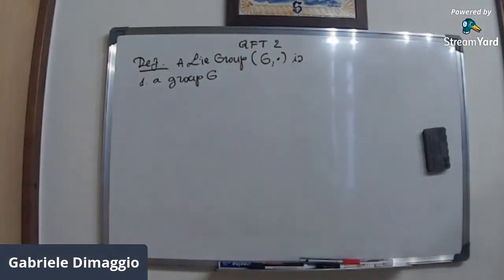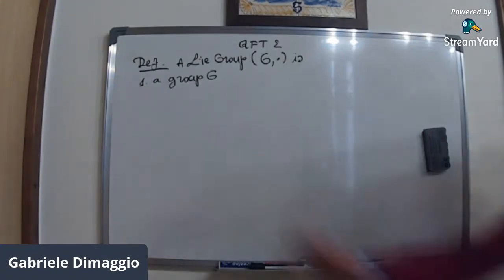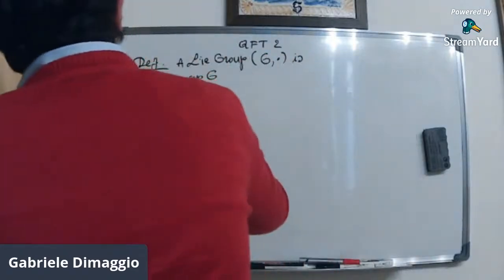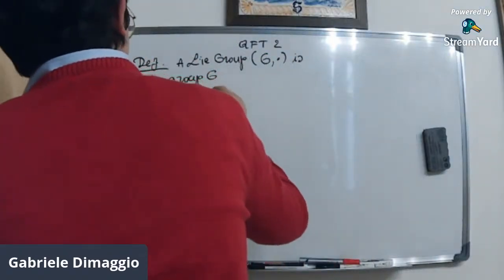And so a group is a group. Perfect. It is a group G. Then G is a smooth manifold.